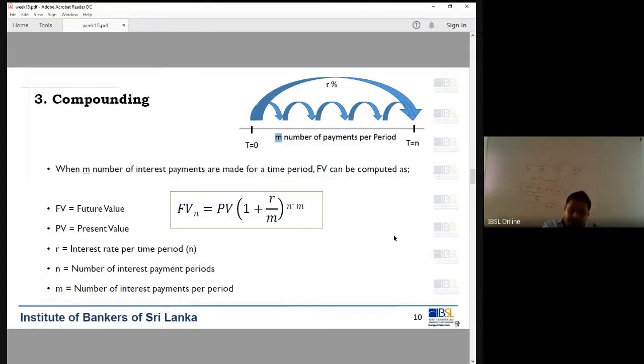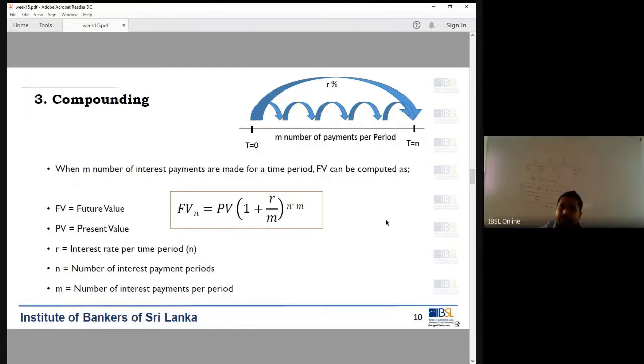So that means M is equal to 12 and N can be, if it is a personal loan, maybe 5 years, if it is a housing loan, maybe 10 or 12 years, likewise. So your project or your investment is going to give you cash flows of N number of years, and in between M number of cash flows is going to be received.